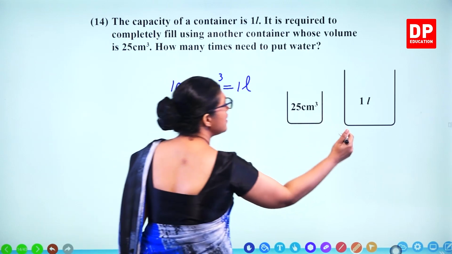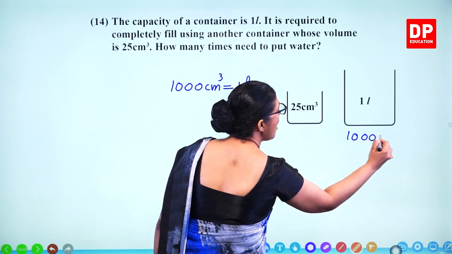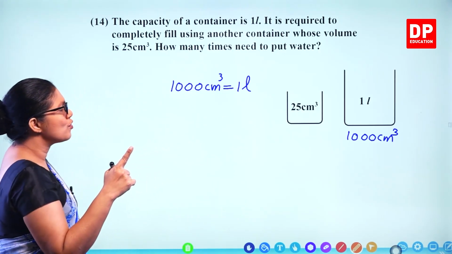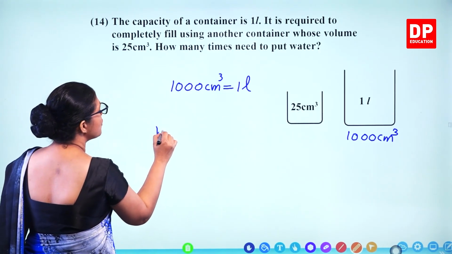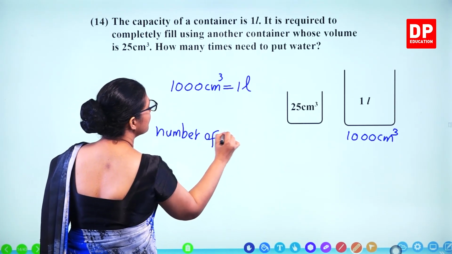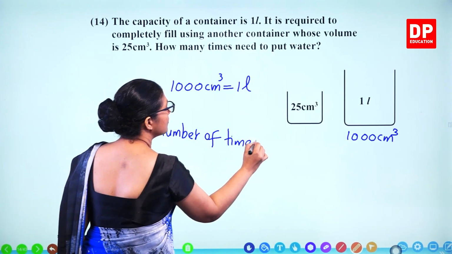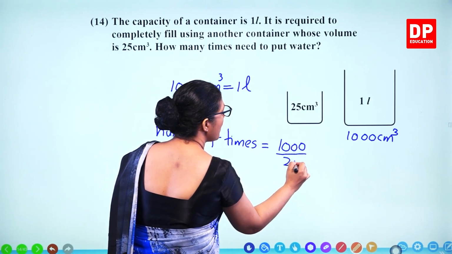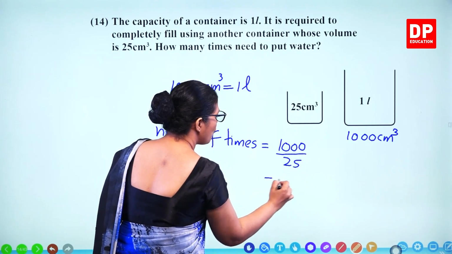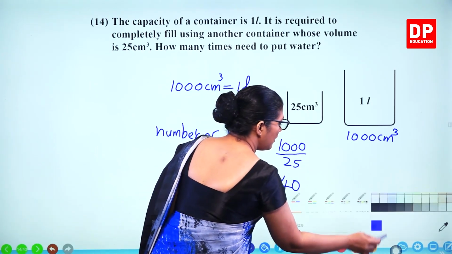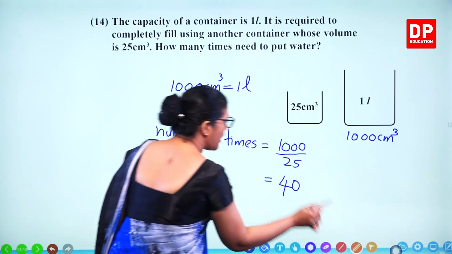So 1000 cubic centimeters are there. Now we can divide and find how many times you have to fill. So number of times becomes 1000 divided by 25. Both are in cubic centimeters. So 40 times you have to fill. So 2 marks for that.